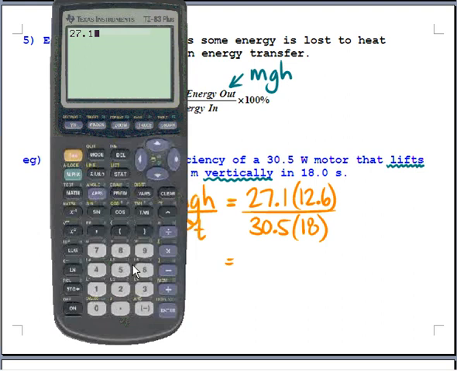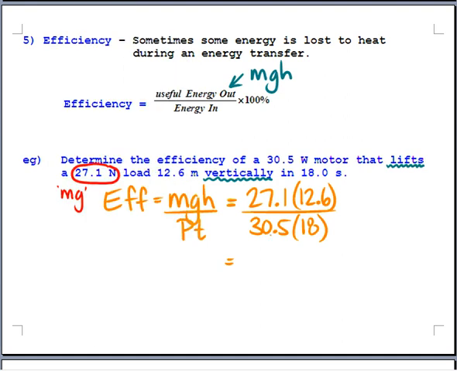When you go to type this into your calculator, again, I'm a broken record, right? If you're going to divide by 30.5 times 18, you're going to have to do that in brackets like I'm doing here. 30.5 times 18. You get that number, and then you can multiply by 100 to turn it into a percentage. Looks like we're at about 62.2% efficiency.